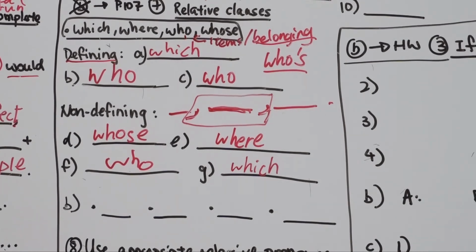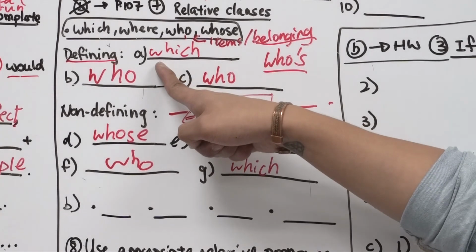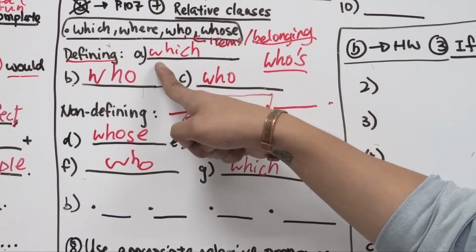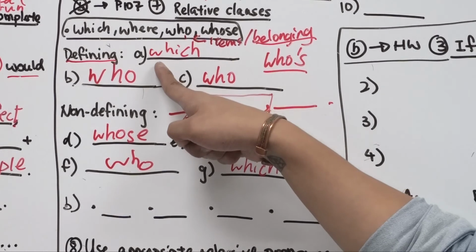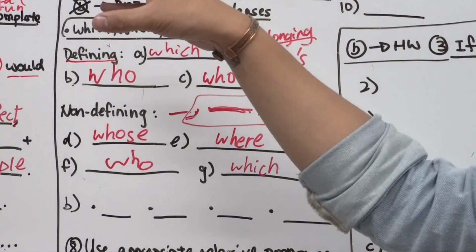What do you think? The action. Very good. Okay, so again, maybe there's no space to write down, right? That's why you guys are quite confused. Look at part A in defining clause. Part A. I like films which are about aliens. Which are about aliens. Is which talking about the aliens or the movie?